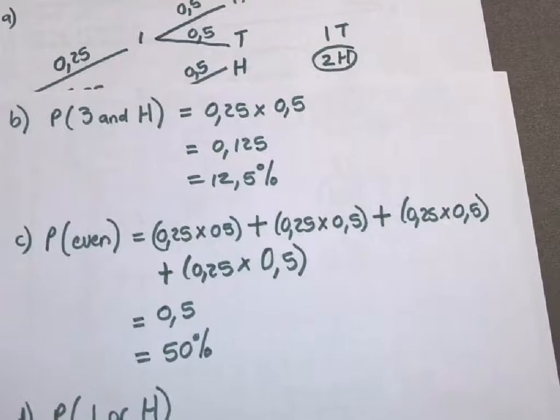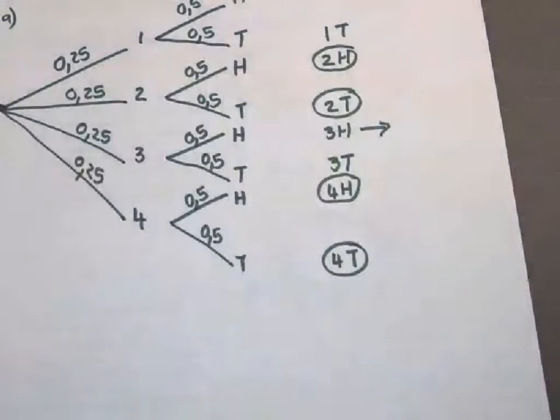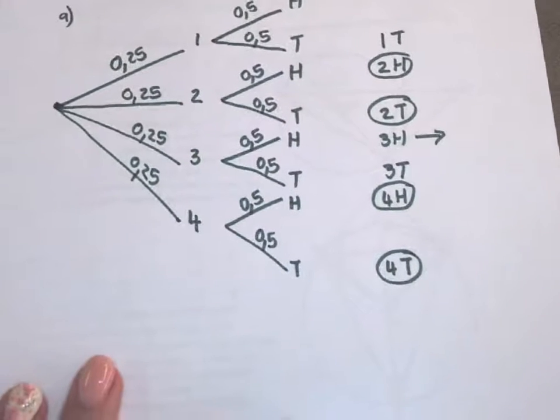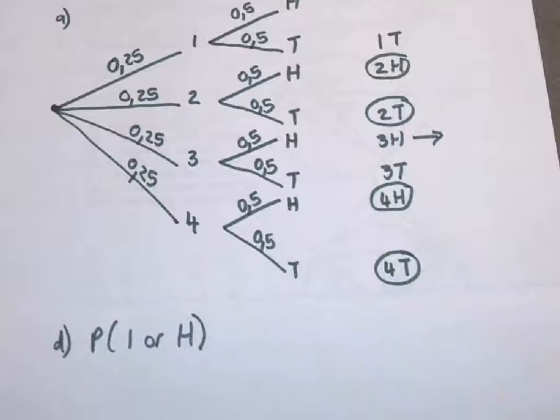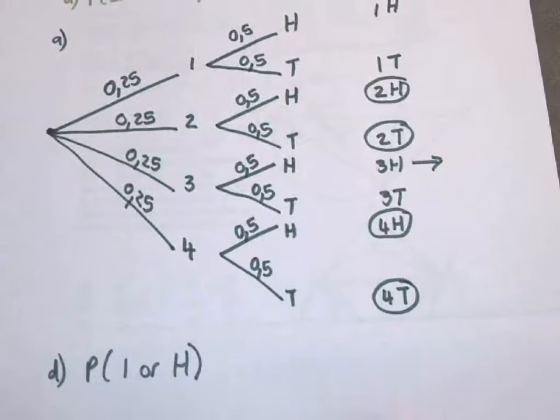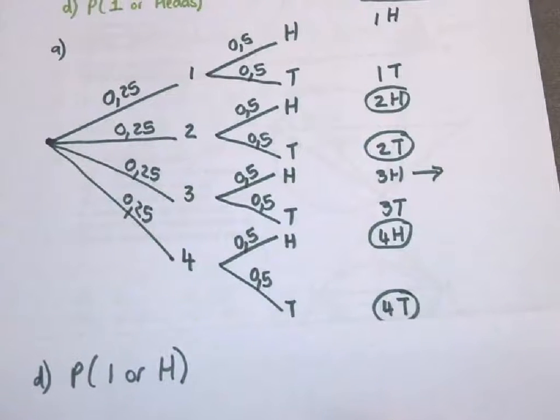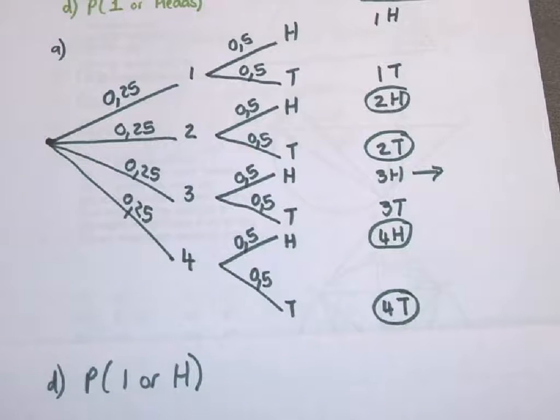Now, number D. The probability of getting a 1 or a head. So we must look for all the ones and all the heads.